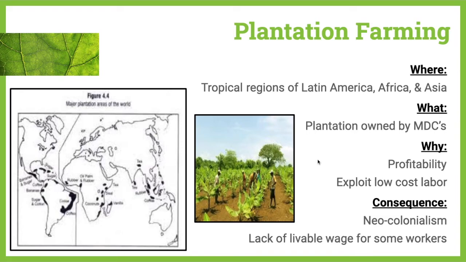But plantations are defined by this interaction between highly developed countries and less developed countries. And basically, much of the profits from plantation farming, which are these very, very large farms, go toward these higher developed countries, but most of the labor is coming from the less developed countries.